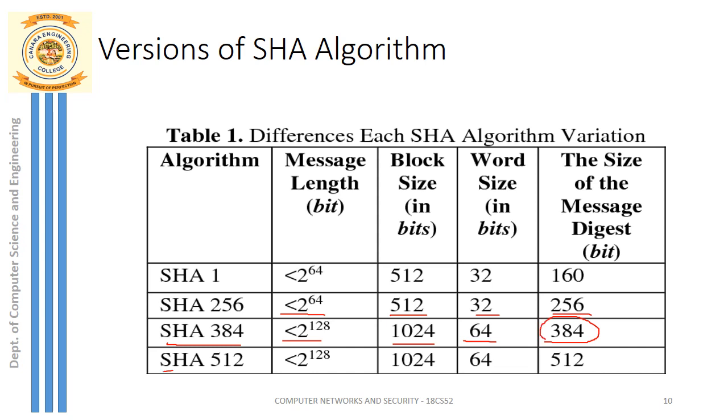And with respect to SHA-512, that is the fourth version, again the message length can be up to 2 to the power 128 bit and block size remains the same as the third version, that is 1024, and even word size is also 64, but the message digest length is 512 bits. So these are the different versions and their block size, word size and the message digest size in terms of bits.